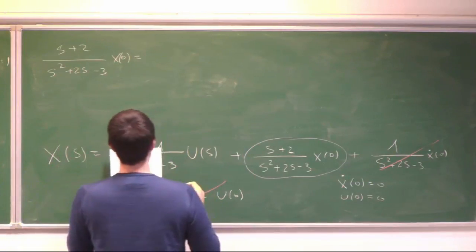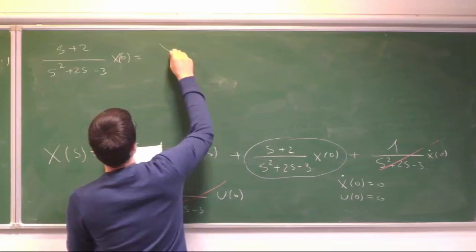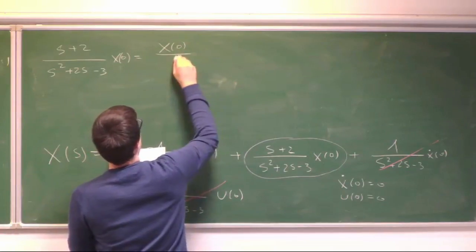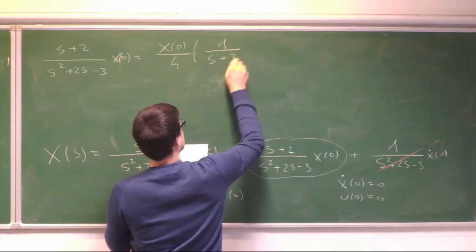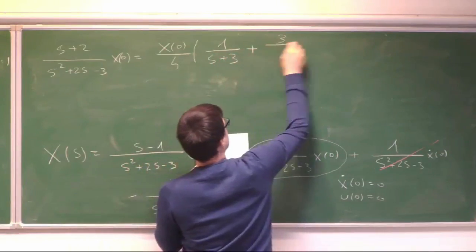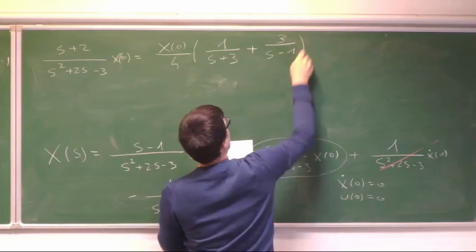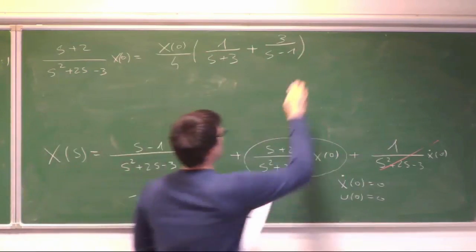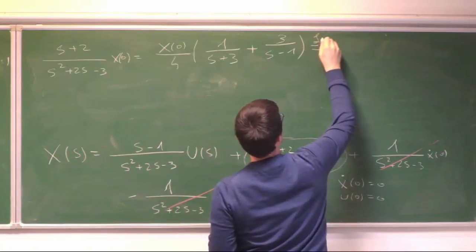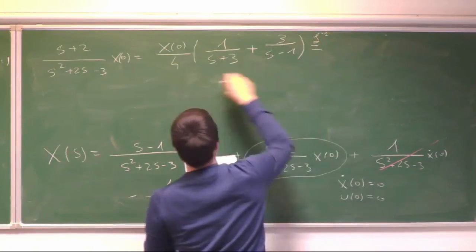So first of all, I compute the partial fraction expansion, and what I get is the following. Okay, so this is the partial fraction expansion of this term. And now I compute the inverse Laplace transform of this term over here.